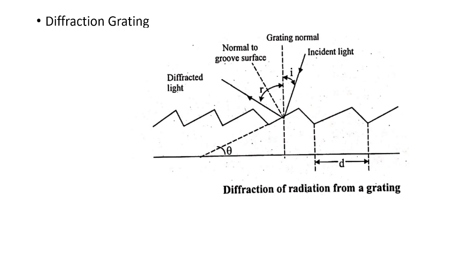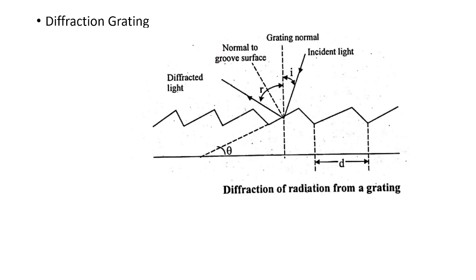Then the next monochromator is the diffraction grating. A diffraction grating is a suitable dispersing element that can isolate a selected band of wavelength. It is prepared by carefully ruling or etching, meaning an uneven surface is produced by etching.